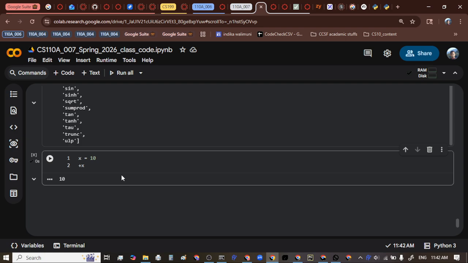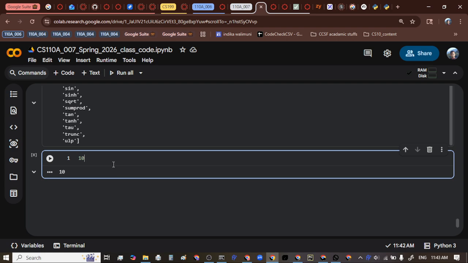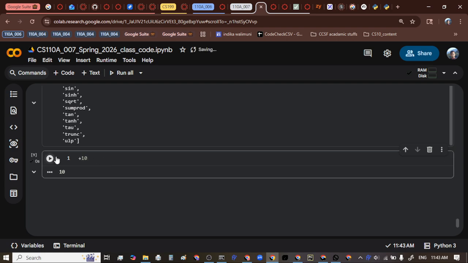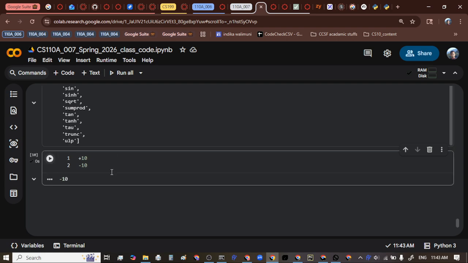So we usually don't write this plus sign in front. We don't even need a variable name, just plus 10, and it'll just print 10. But for negative, if you do the same, for example negative 10, it'll be negative. So you can change the sign that way.